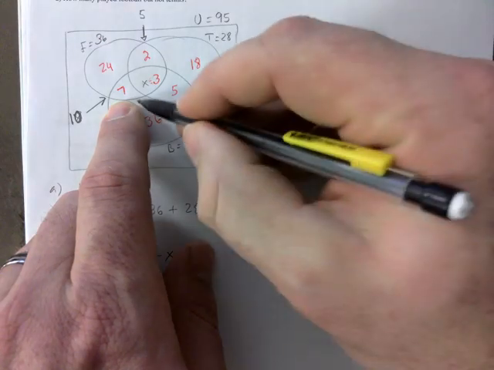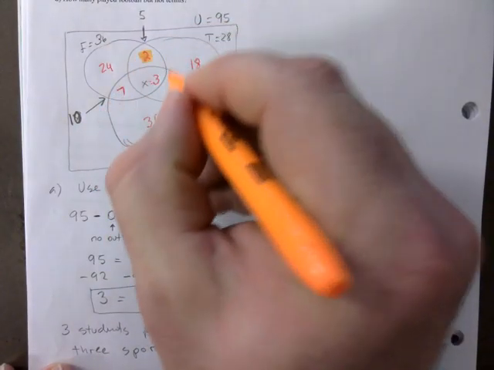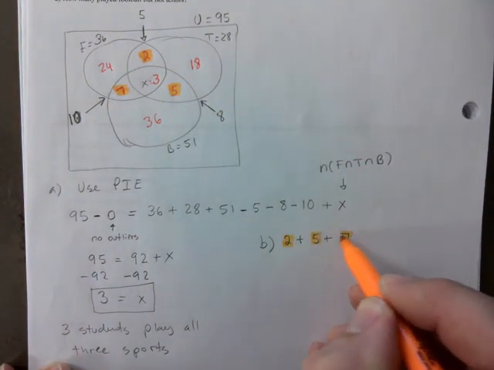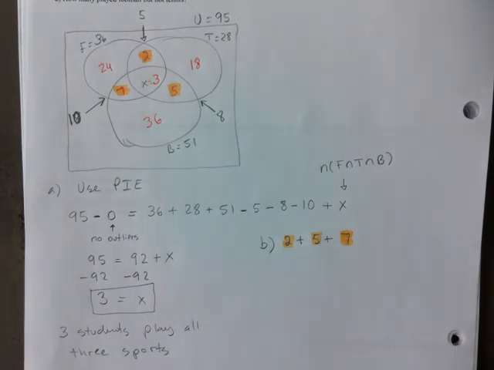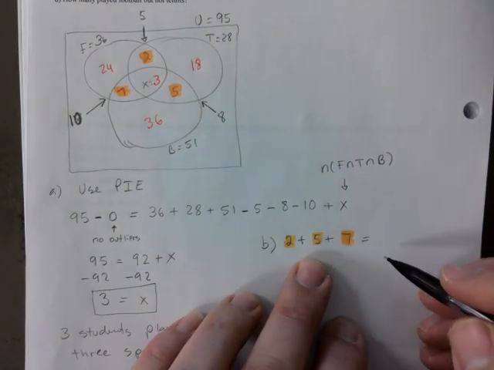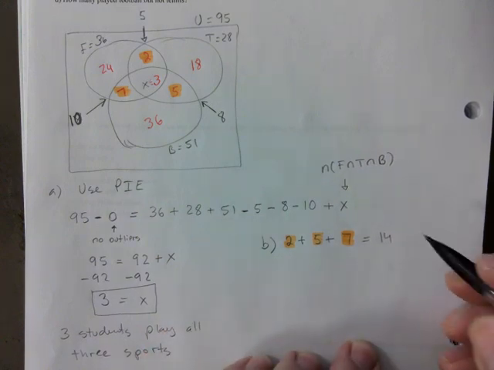Okay, so it's these numbers here. So I'm going to use a highlighter for that. Right? 2, 5, 7. They like exactly 2 sports, only 2 sports. So that would be 14 students.